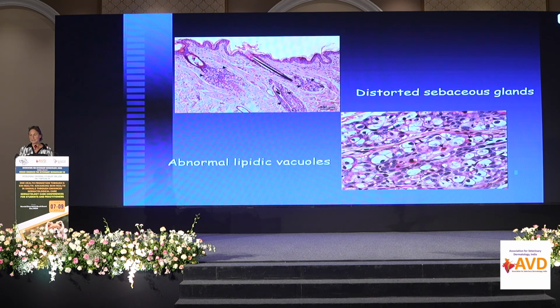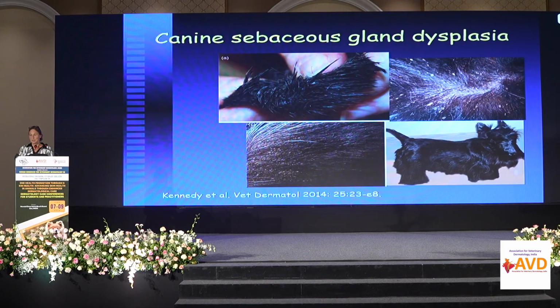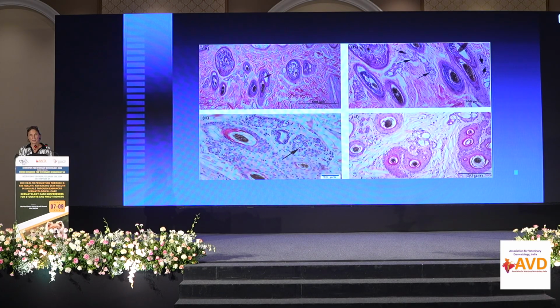So this is in cats, and this is where you will find distorted sebaceous glands. And again, this is a genetically inherited condition. You can have the same condition in dogs, where you have sebaceous gland dysplasia. Again, very few reports, and these are diagnosed with a biopsy.